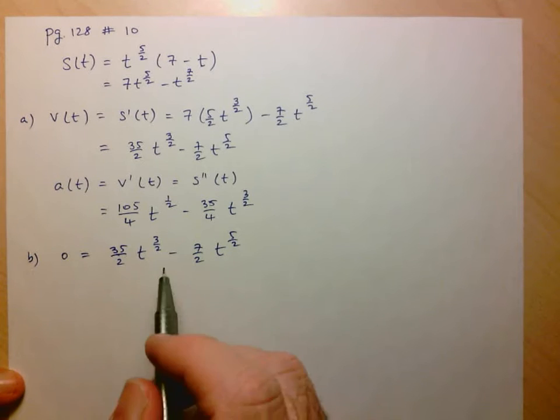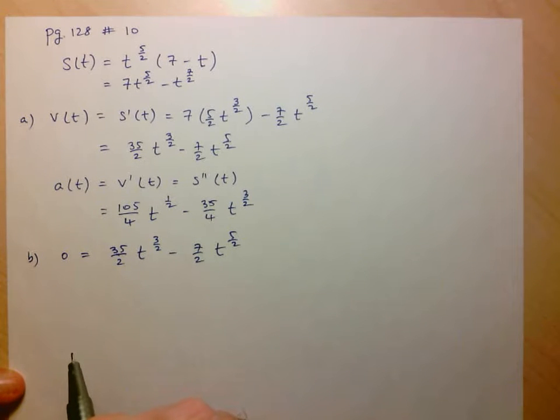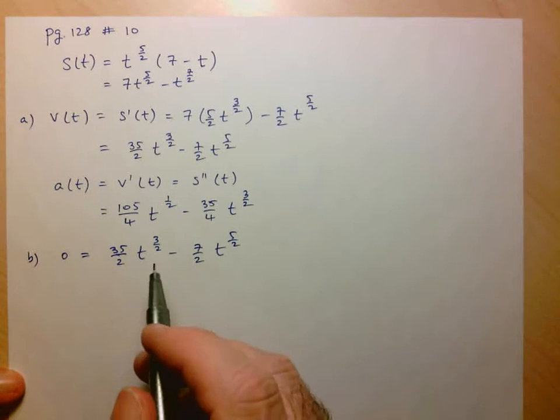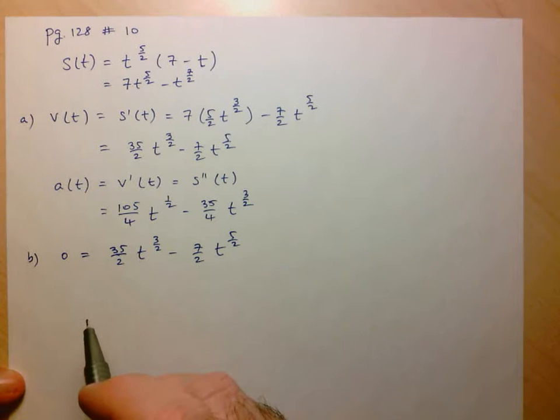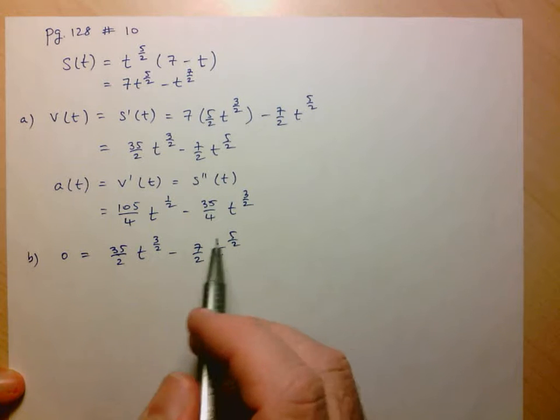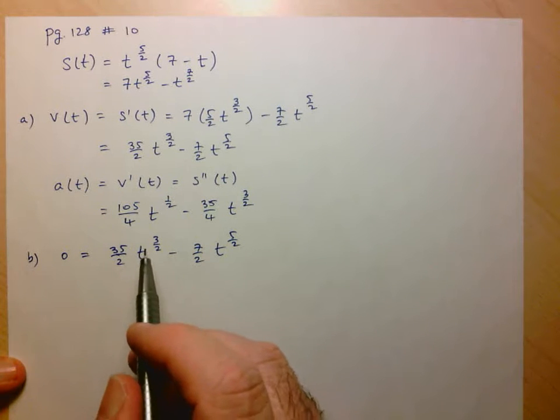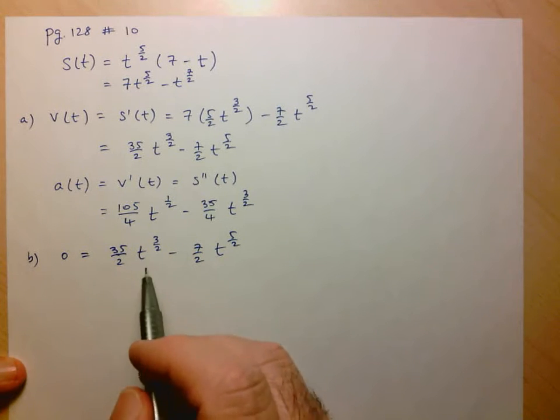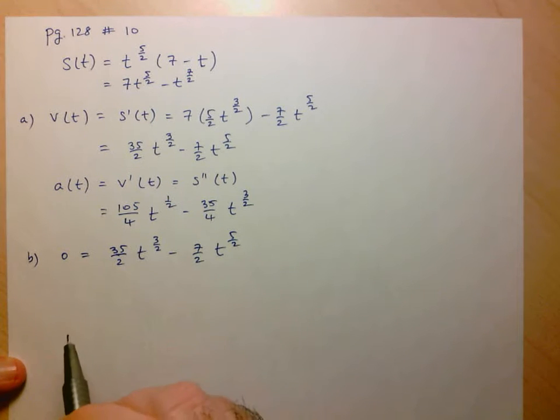Now we've seen something like this in an earlier problem, if you watch one of the other videos or you solve the problem yourself. We're going to use a similar trick to what you would use if you were factoring something that had integer exponents. I'm going to factor out the power of t with the smaller exponent.